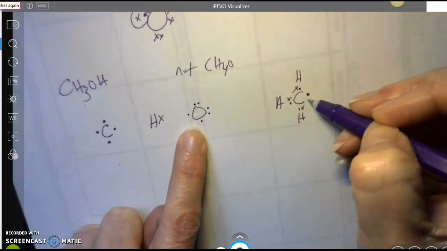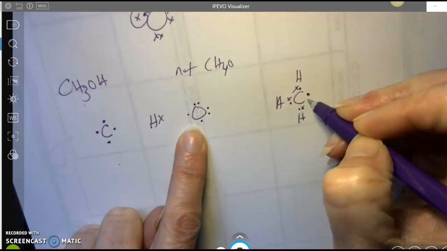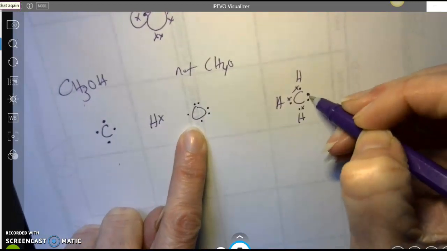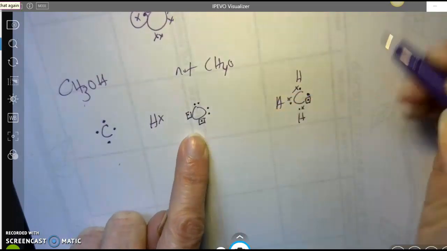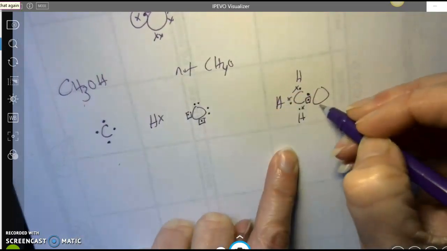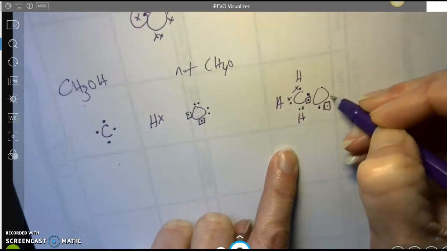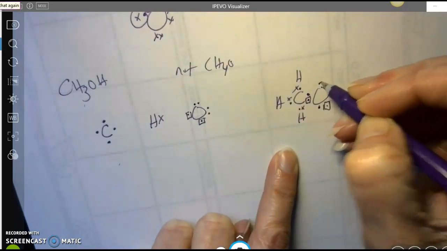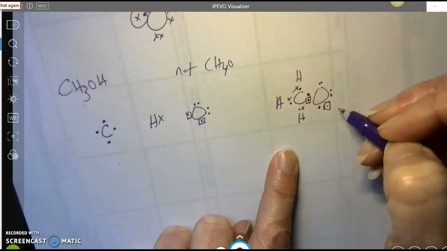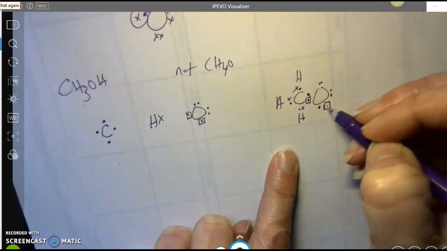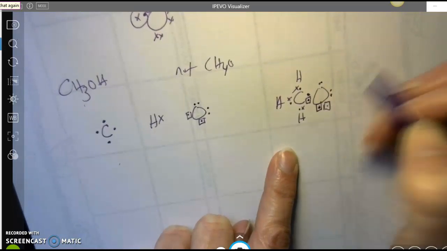So if I insert oxygen here, maybe I'll put a box over that one so you can see them. That's going to give me an oxygen down here with a little box and the 2 dots here. So these are already full. Sorry, I should have done the box here.